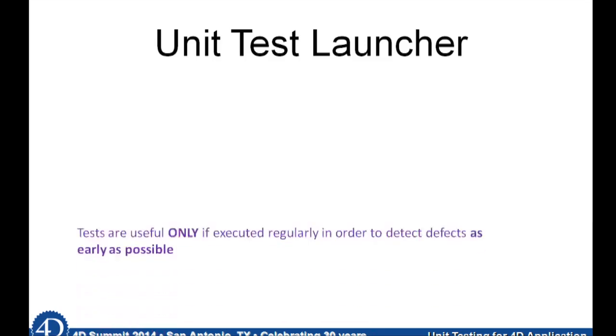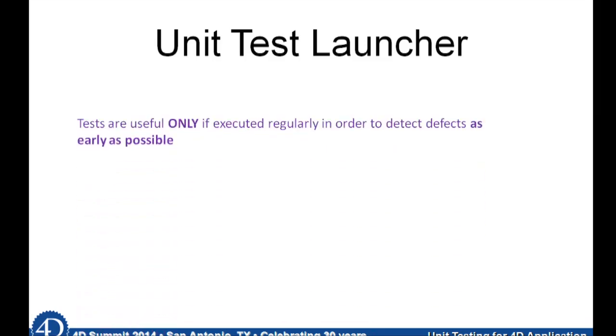So, the unit test launcher. Tests are useful only if they're executed. It's nice to have a database with thousands of tests, but if they're never run, there's no point. So we have to make sure everything is executed on a daily basis. To do that, we developed a unit test launcher.